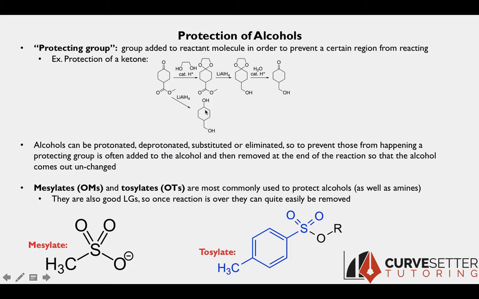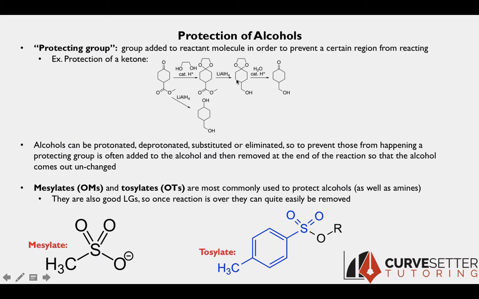And in this mechanism, we only want to reduce the carboxyl group. So we want to protect that ketone from being reduced. So the way that that's done is adding this protecting group here. So this group here is going to be added on to that carbon of the carbonyl using a catalytic amount of acid.